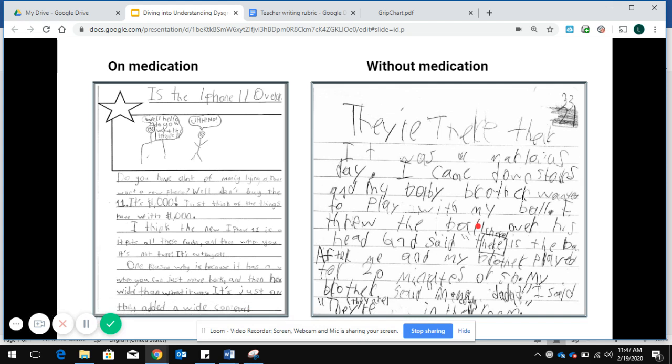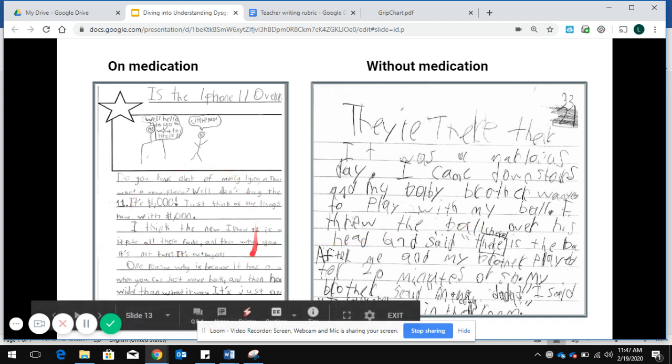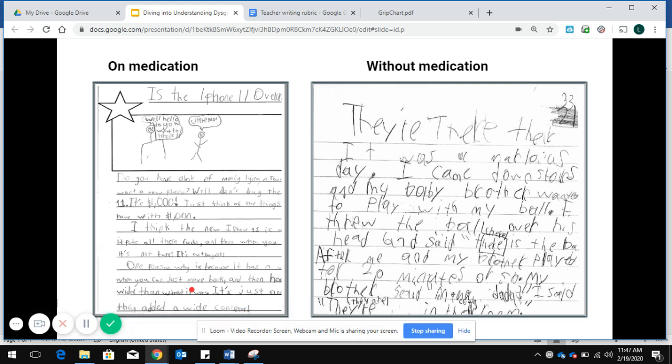Once the evaluation was completed, and yes, there were some indicators that could suggest dysgraphia, but the attention issues were so significant that at that time, a dysgraphia identification was not made. Once the student got diagnosed with attention deficit disorder and started medication, look at the difference. Look at the difference in the quality of that handwriting. Look at the spacing. It looks like a different student.